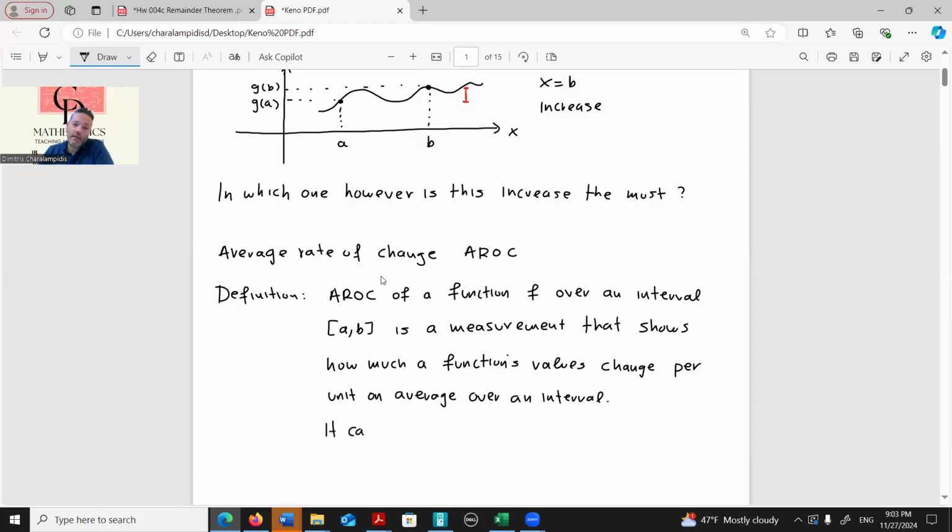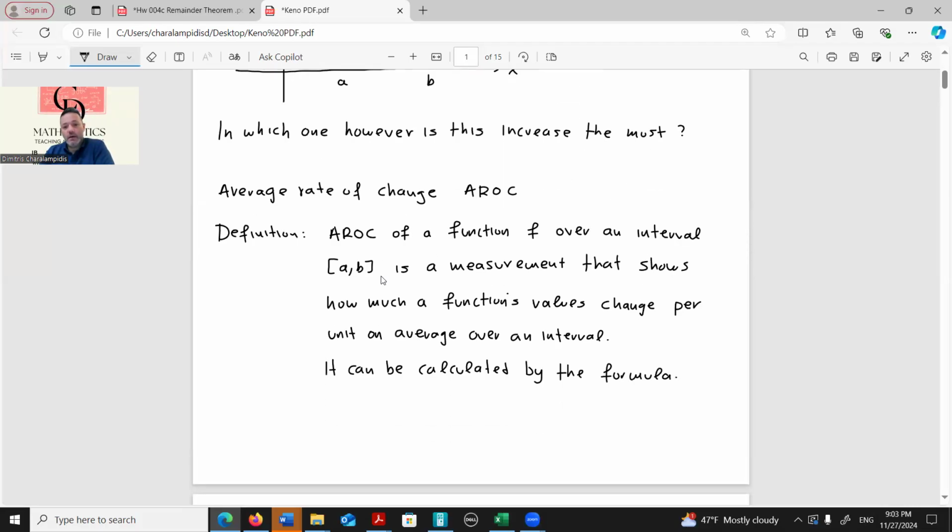It can be calculated by the formula. Average rate of change on a, b is f of b minus f of a over b minus a.